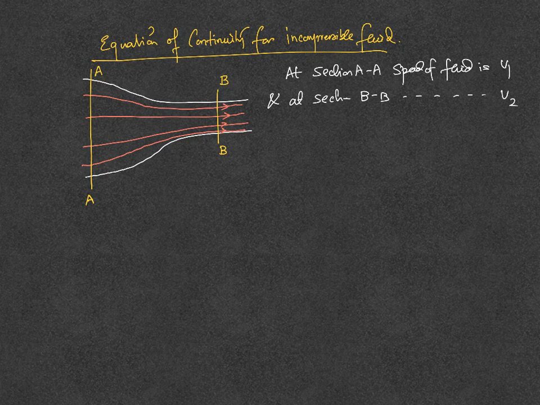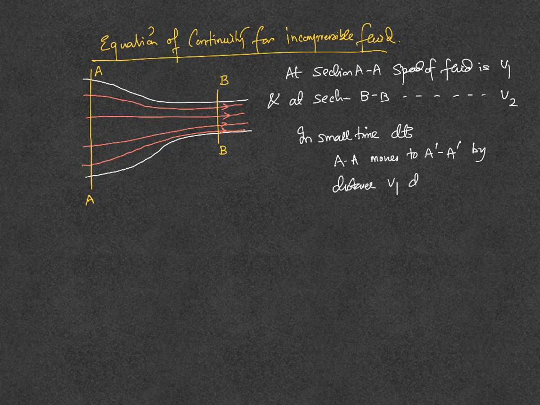Now, say in a small time dt, AA moves to A dash A dash by a distance of V1 dt, and BB moves to B dash B dash by a distance V2 dt.